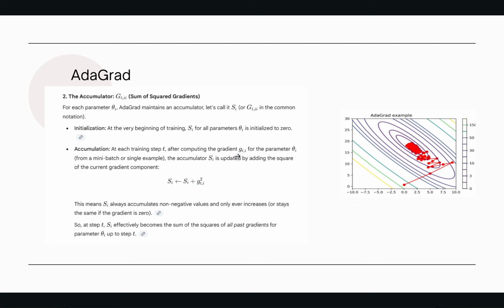Please note that compared to the previous velocity equation, where there was a beta decay hyperparameter, this formula does not have any decay parameters. This means that S_i continues accumulating as we continue gradient descent, and it becomes very, very large.